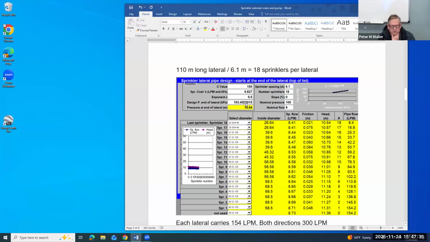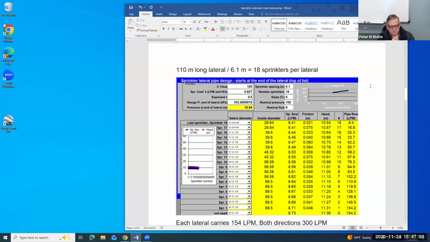Anyway, if you remember for the 8.5 liters per minute sprinkler, the sprinkler coefficient was 0.827, and the exponent was 0.5. And we have 0% slope going east-west. Our nominal pressure is 100, and that was to find the submain coefficient for the entire lateral.